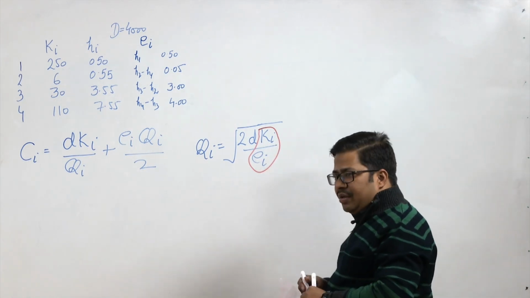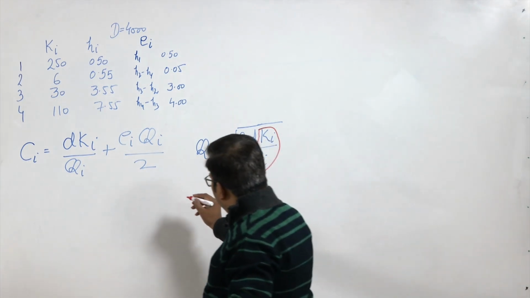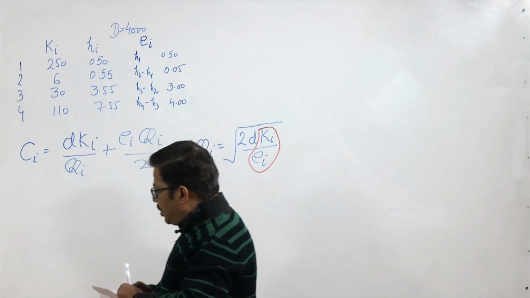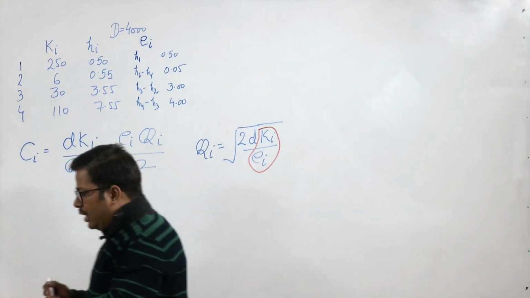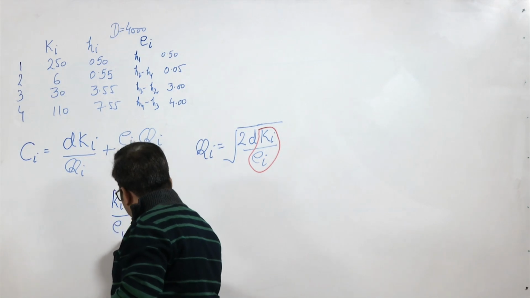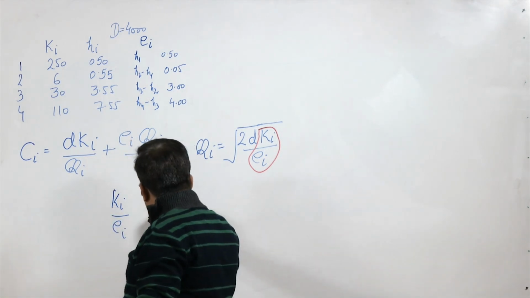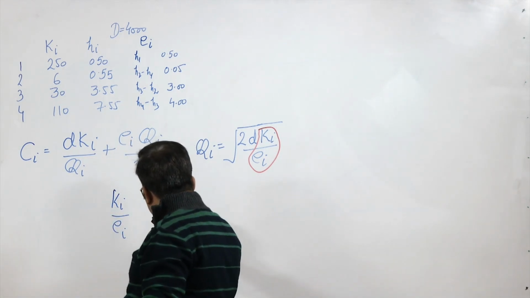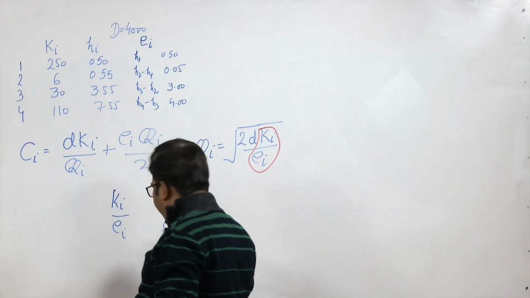Ki upon Ei, and the ratio of the next term, Ki plus 1 upon Ei plus 1.